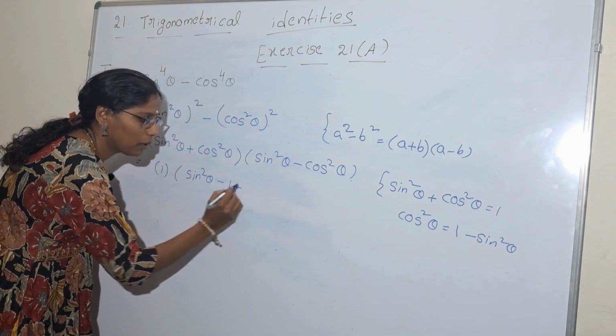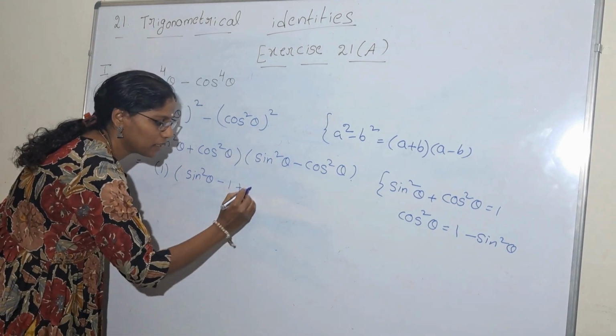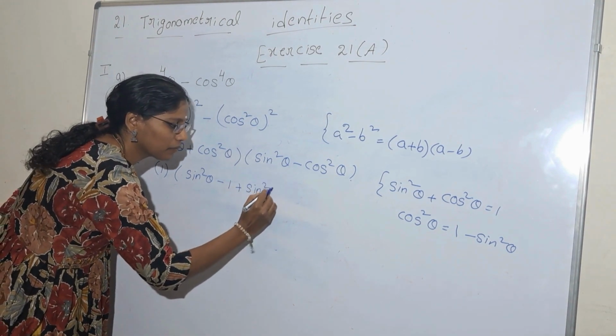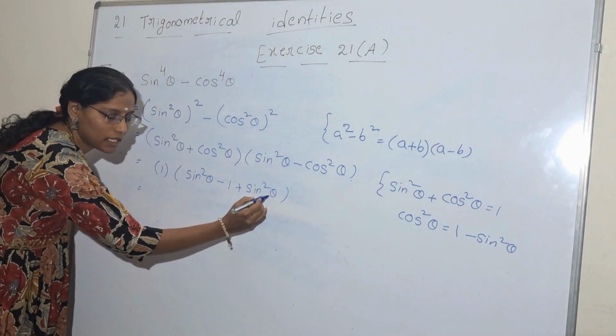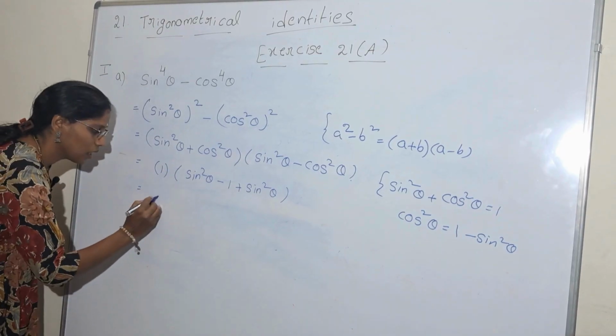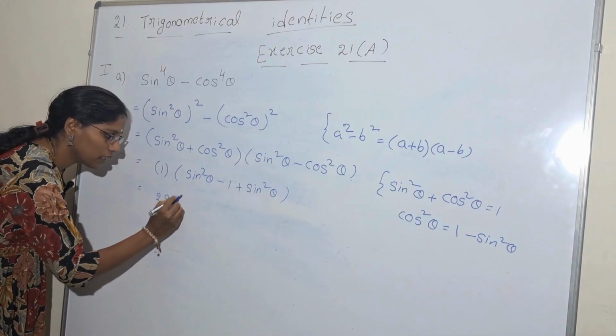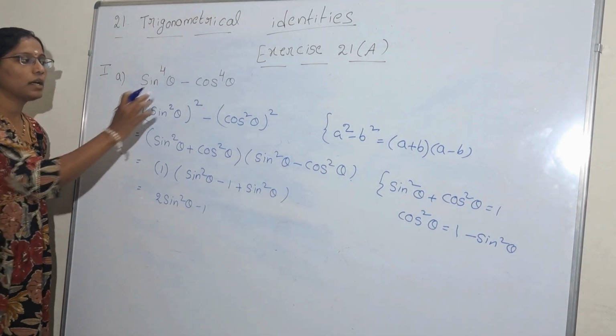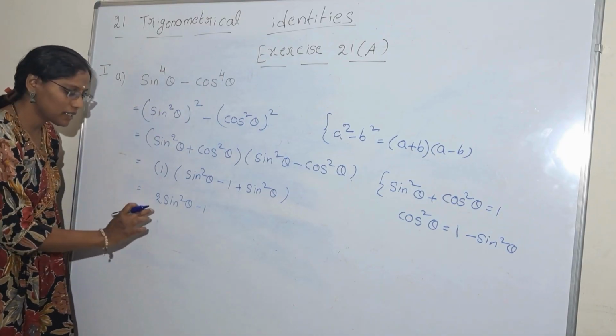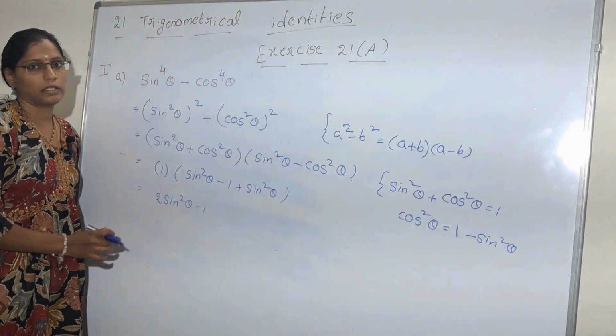Here 1 minus into minus is plus sin square theta. Here sin square theta, sin square theta, how many times? 2 times. So 2 sin square theta minus 1. Sin power 4 theta minus cos power 4 theta value is 2 sin square theta minus 1. Hence proved.